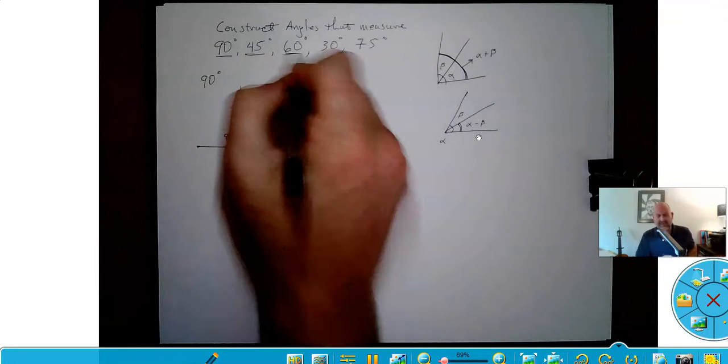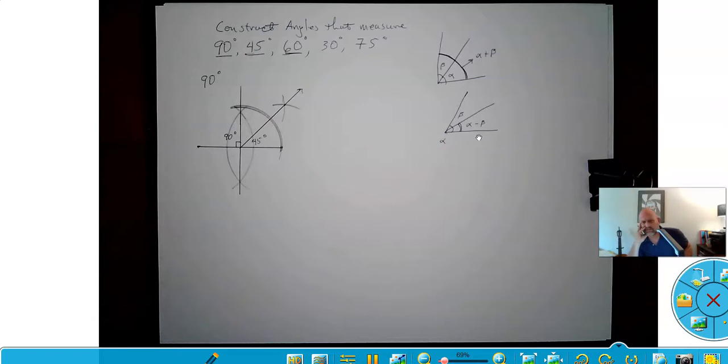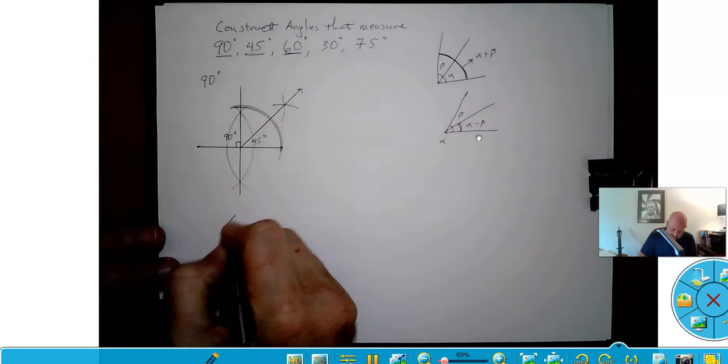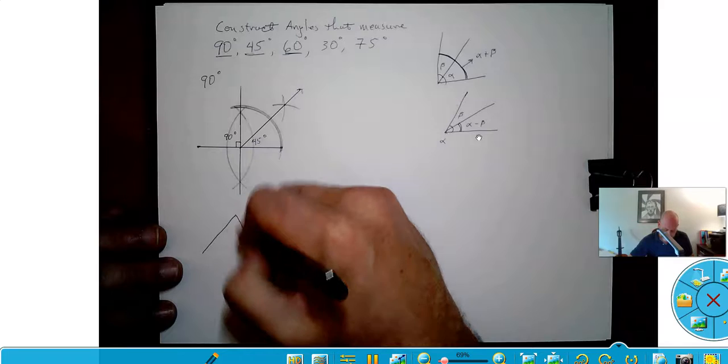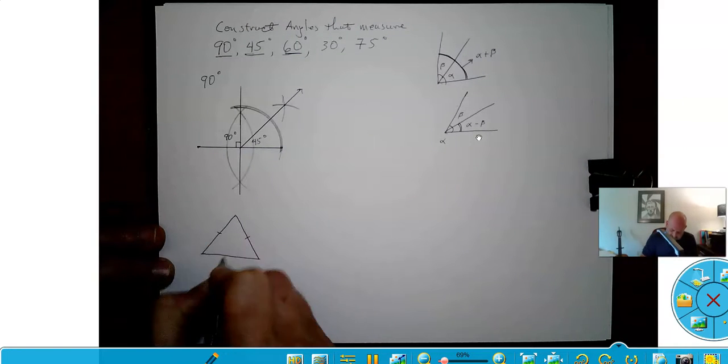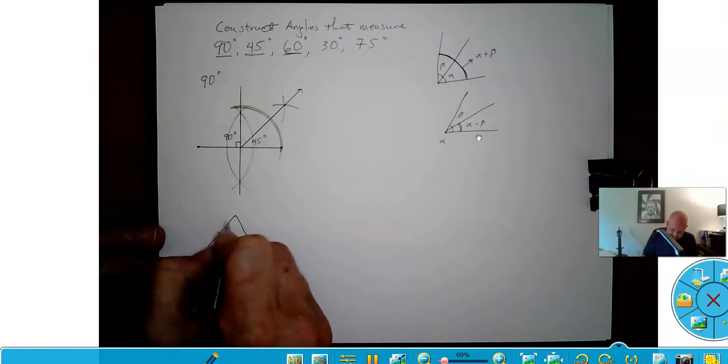Now this idea of a 60-degree angle. We want to think about where we've seen a 60-degree angle come up in a construction of some sort. And really where they come up naturally is if you create an equilateral triangle. If all these sides are the same, that means all the angles are the same.